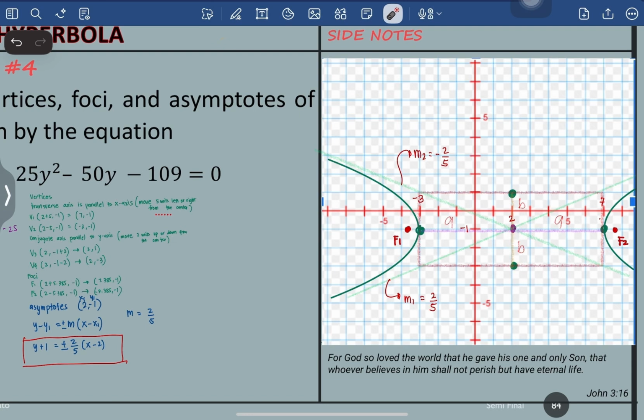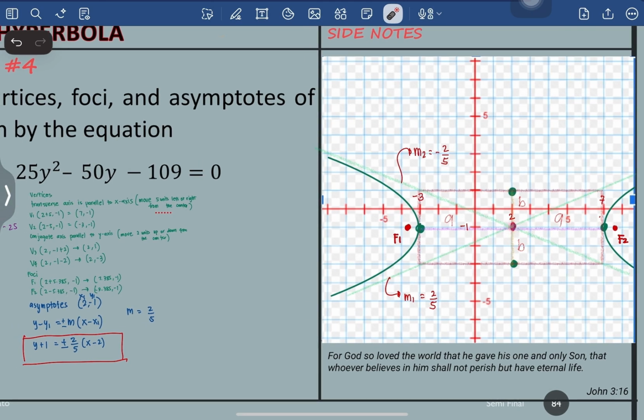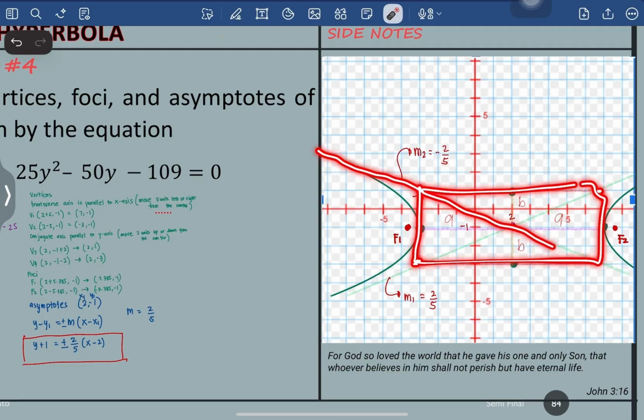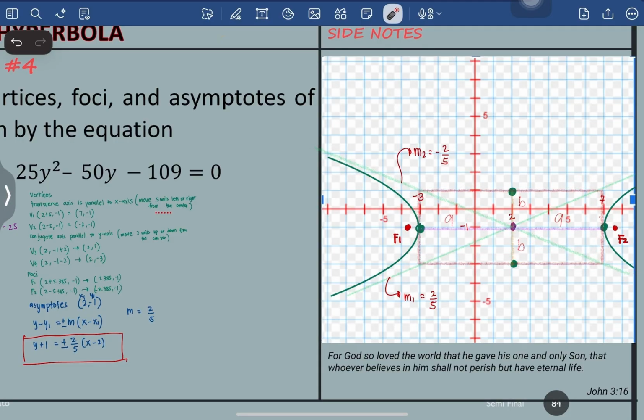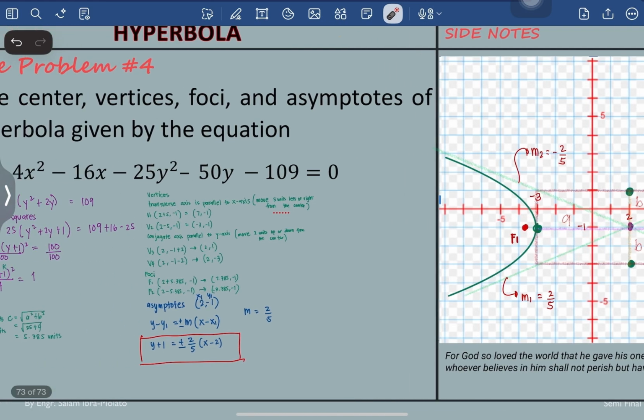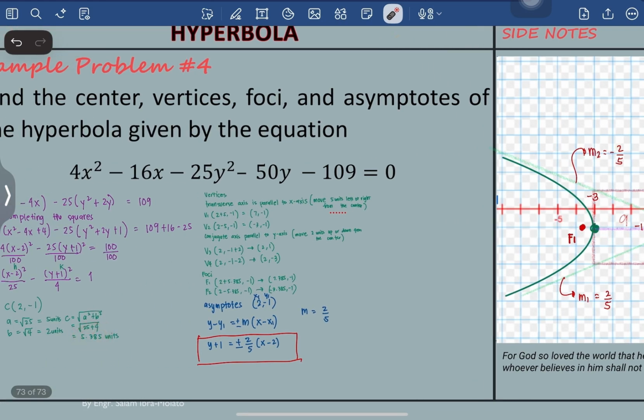Then para naman sa asymptote, maglilinya lang kayo dulo to dulo na magpapass through siya sa center, then sa mga edge nitong rectangle. Then ito para sa isang asymptote. Then yung focus naman or foci, from the center to this one of the foci, equals yung distance niya sa C na 5.385.